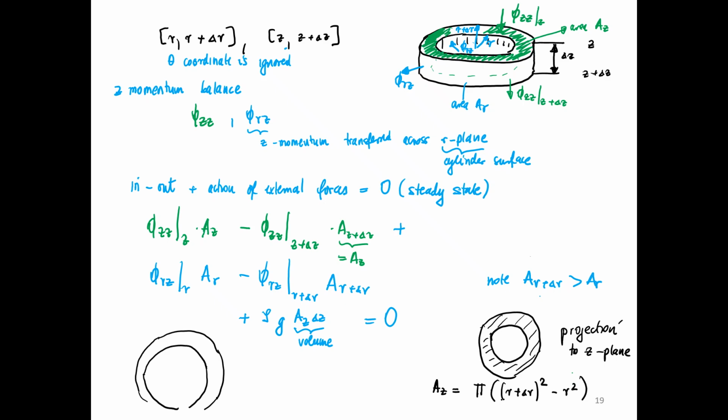Here it's R squared plus 2R delta R plus delta R squared, minus R squared. Delta R squared is small, so I'm going to ignore that part. Basically I'm approximating this with 2 pi R delta R. I'm ignoring delta R squared, which is second order.